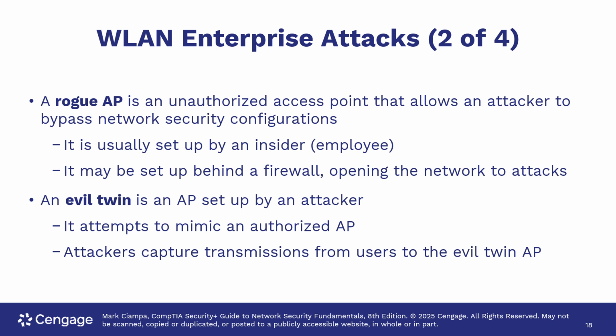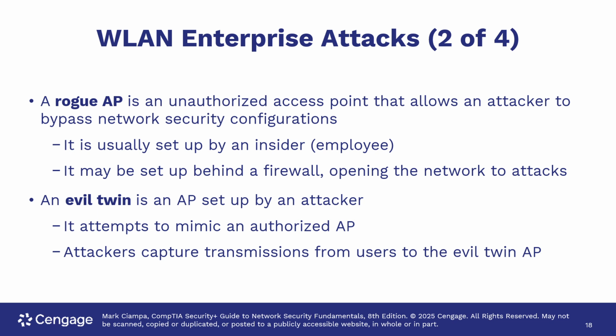So if you're ever working in IT and you have an employee that brings in a wireless LAN, or even just like a Linksys or D-Link wireless access point, and plugs it in there, that now becomes a weak link that somebody can break into. It may be set up behind the firewall, opening the network to attacks. So if somebody gets into that unauthorized access point, they've already bypassed the firewall and all the other external security.